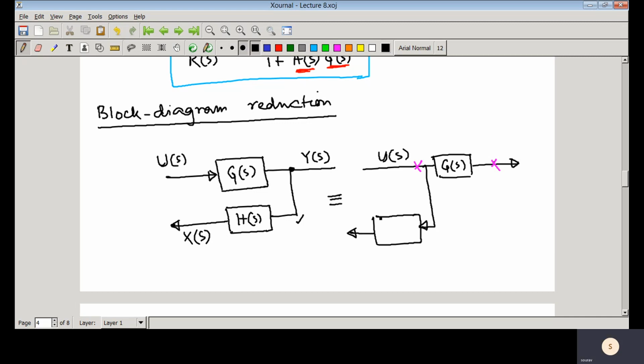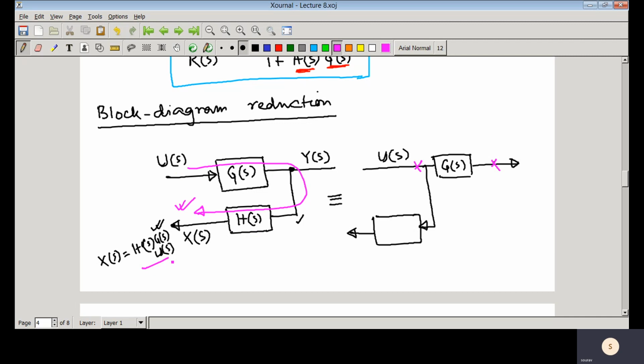If you change the branching point, here you can see what is the signal coming to this particular point. The signal coming, say X(s), equals H(s) G(s) into U(s). You can see it here, the signal coming to this particular point is H(s) into G(s) into U(s).